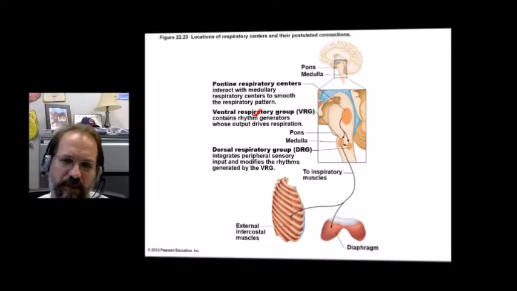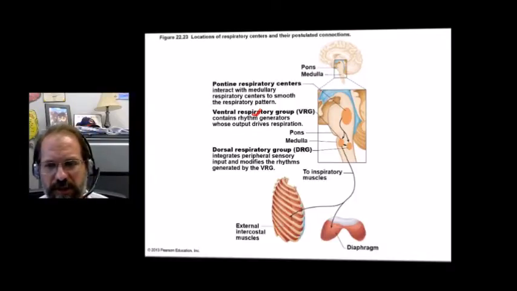And then somehow, in a way that I don't think is particularly well understood, the pontine respiratory center, up in the pons here, receives sensory information about blood oxygenation levels, CO2 levels, body temperature, and even emotion, and regulates both the rhythm generating center and the dorsal respiratory group, switching between inhalation and exhalation.